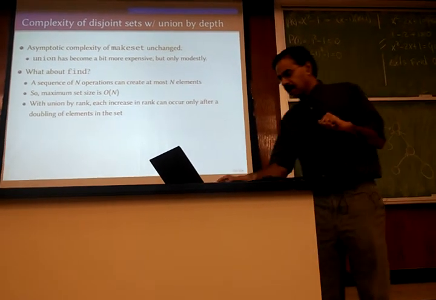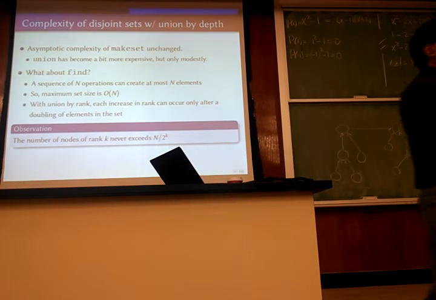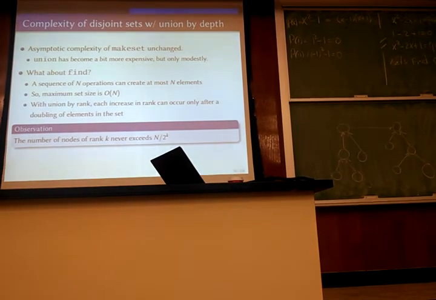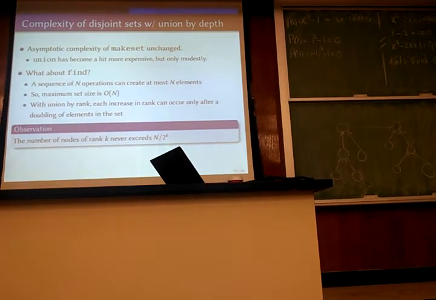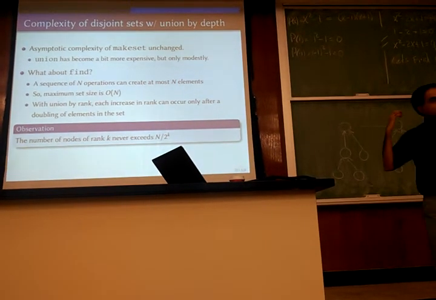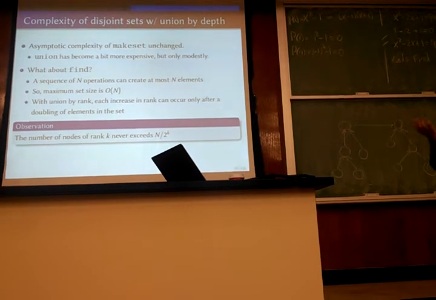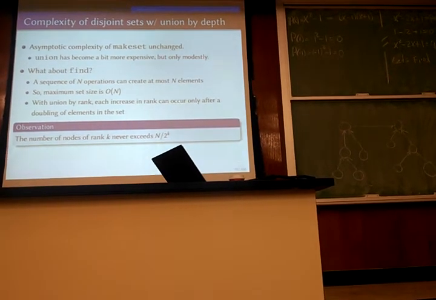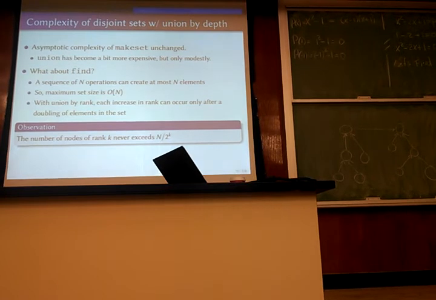Every time the rank increases, you increase the number of elements by a factor of 2. That means the maximum number of elements in the set is n. Therefore, the rank can never become more than log n.